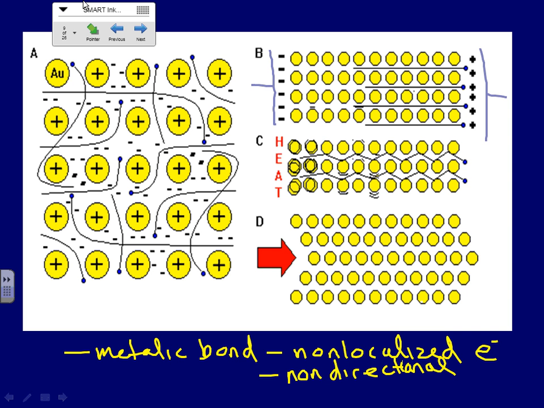If I took some electrodes and put them on the ends of a piece of metal, and this side was negative and this side was positive, because the valence electrons are able to bounce around and aren't attracted strongly to the nuclei, then those valence electrons would do a little bounce-around dance that would result in the electrons slowly moving to the right.